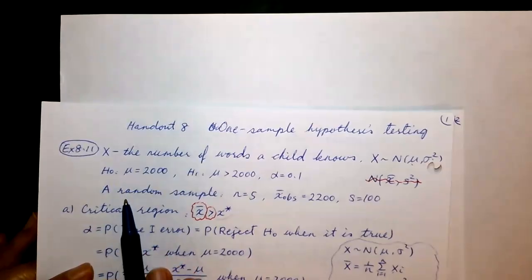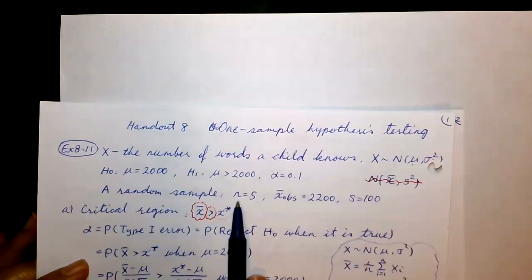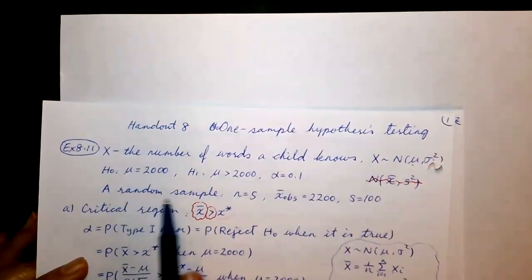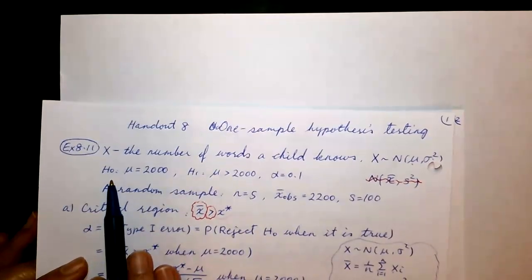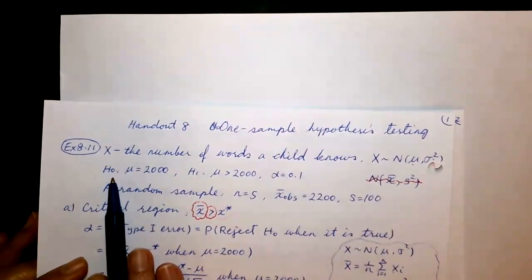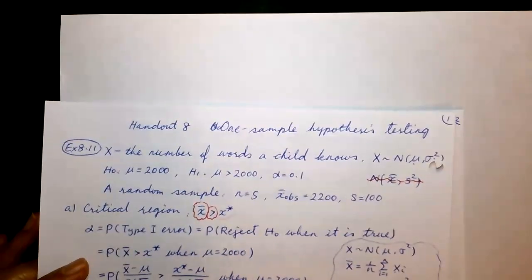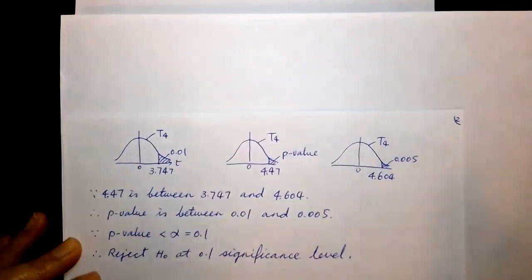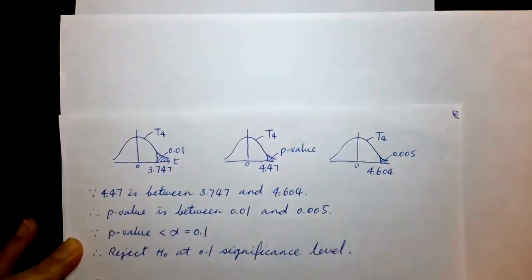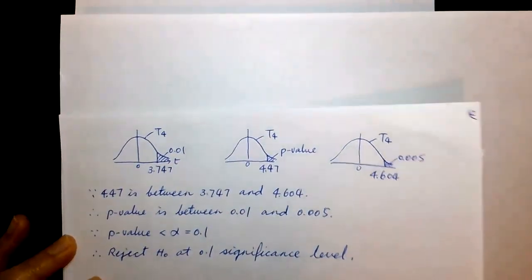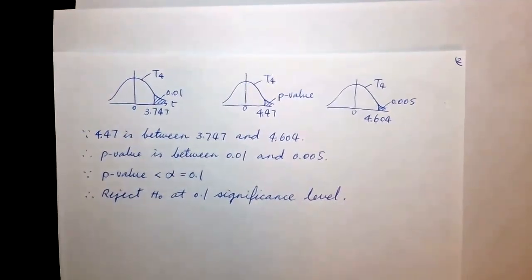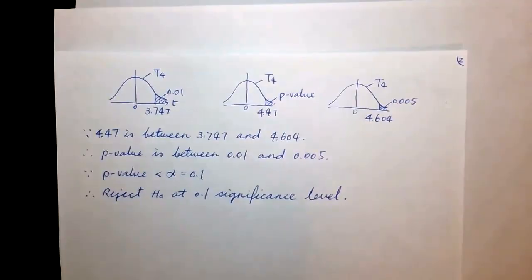Because it's so difficult to find a worse one, it means the current sample is already bad enough in supporting H naught. If the sample is so bad in supporting H naught, we don't support H naught, right? That's the conclusion. So we reject H naught. So you see the importance of understanding the definitions, right? Everything comes from the definition.